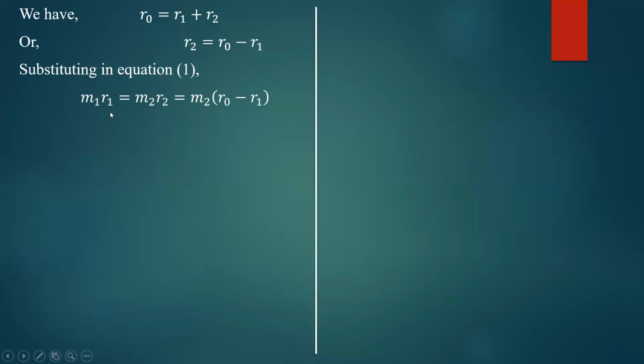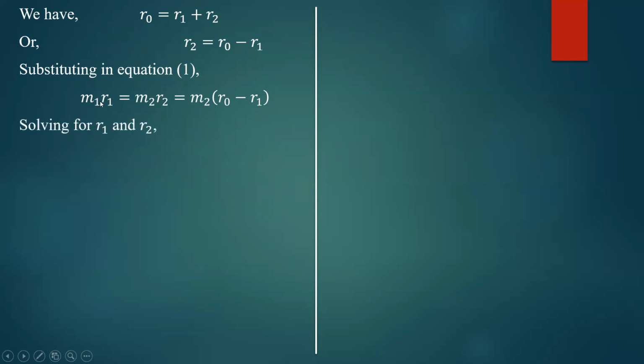You will get m1 r1 equal to m2 r2, and that can be rewritten as m2 into r0 minus r1, as I have substituted for r2.